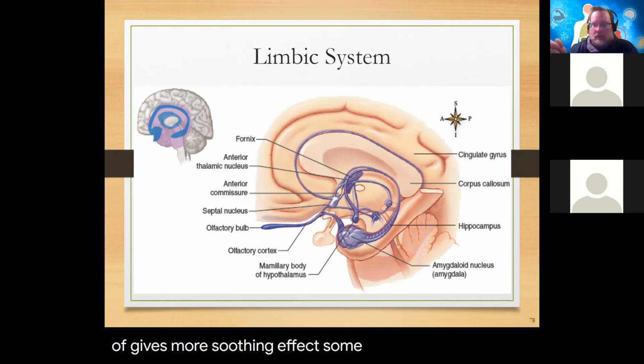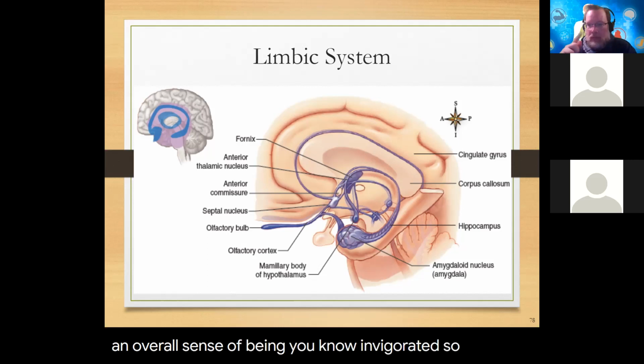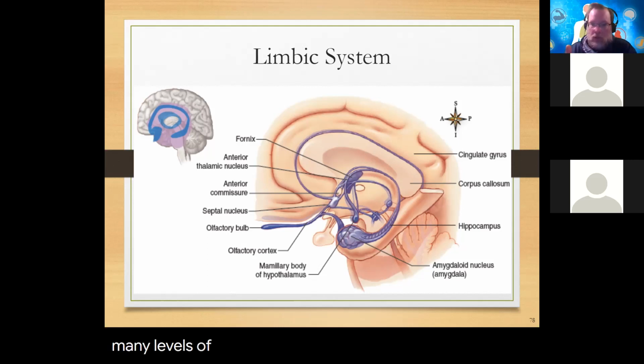Some, more of just an overall sense of being invigorated. So there's many levels of what aromatherapy can do, and this is why we know that it can affect folks' behavior, it can affect memory, and ultimately it can affect their physiology.